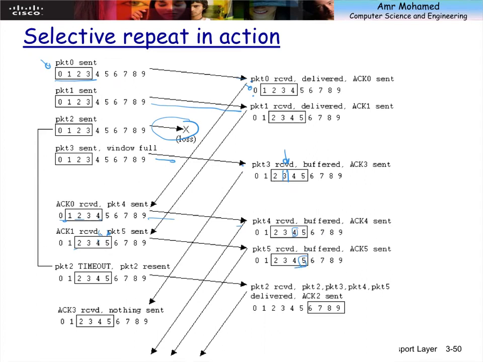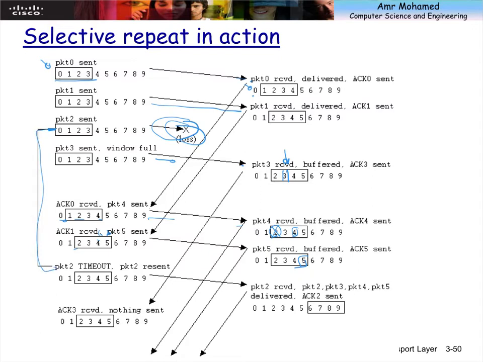Packet 4 and packet 5 are accepted at the receiver side. But I cannot slide the receiver window because this one was not received. So we understand why? At the receiver side, yes, the packets are accepted, but I cannot slide. Because there happens to be a segment that was not received yet. So this whole thing will be activated by the timer that's assigned to this segment, segment 2.